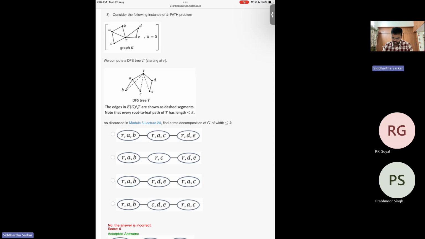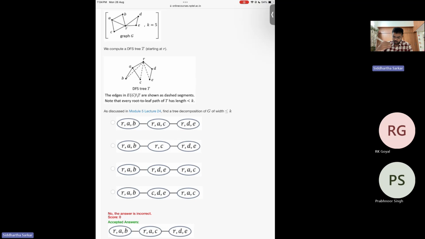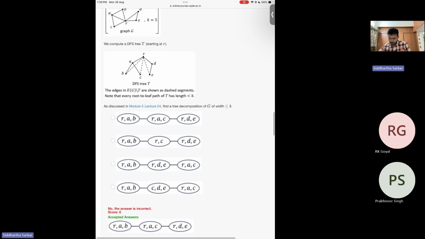You might report B or C. Let's say you report B, and after that you report C. After that you go back to R and then you report D and then you report E. So in terms of the DFS traversal, B is the first leaf, C is the second leaf, and E is the third leaf, reported in this order: B followed by C followed by E. Therefore, the bag that corresponds to the root to B path should be followed by the bag that corresponds to the root to C path, followed by the bag that corresponds to the root to E path. So that's what they have done in the figure.